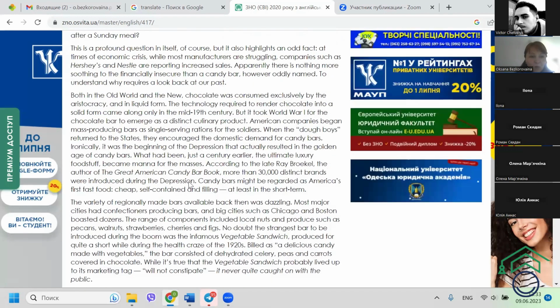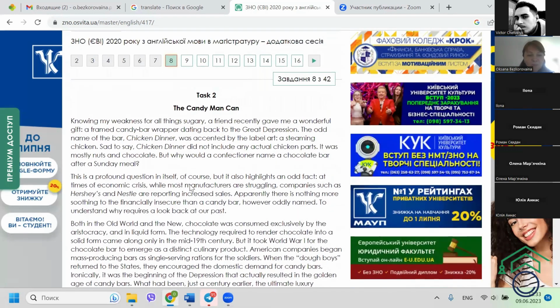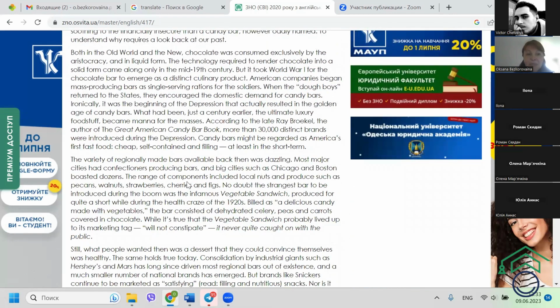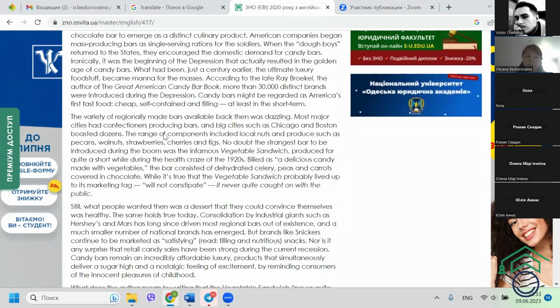Давайте почитаємо. 1, 2, 3, 4. The variety of regionally made bars available back then was dazzling. Dazzling. Most major cities had confectioners producing bars, and big cities such as Chicago and Boston boasted dozens.